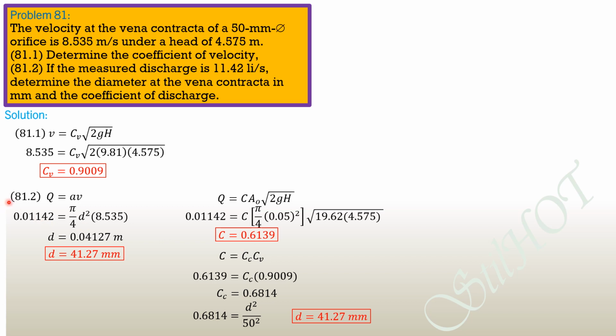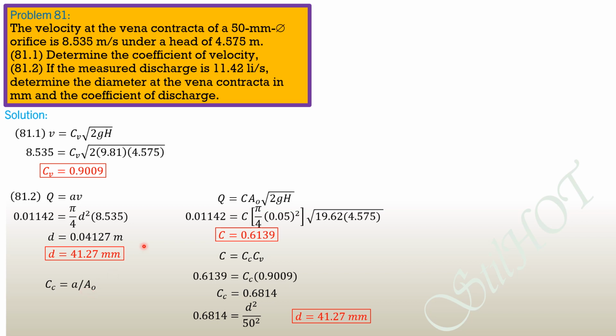Let's continue to compute for the coefficient of discharge, having found the diameter at the vena contracta. So let's solve for C sub C first. C sub C is the area at the vena contracta over the area of the orifice. Since both these areas involve pi over 4, pi over 4 is not written.